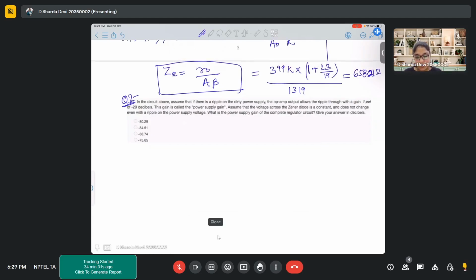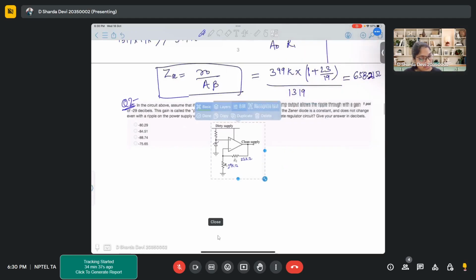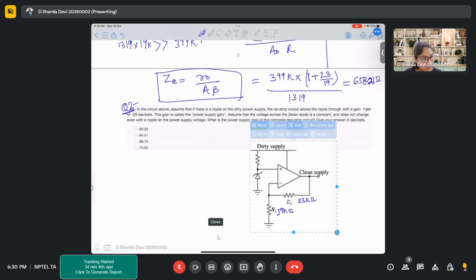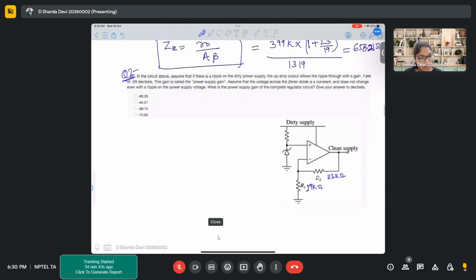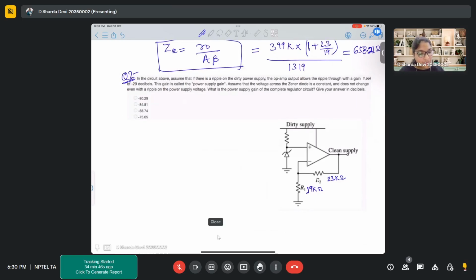Now coming to the next problem. So in this problem, it was given for the same circuit. In the circuit above, assume that if there is a ripple on the dirty power supply, the op-amp output allows the ripple through with a gain of minus 29 dB, 29 decibels, and this gain is called the power supply gain.